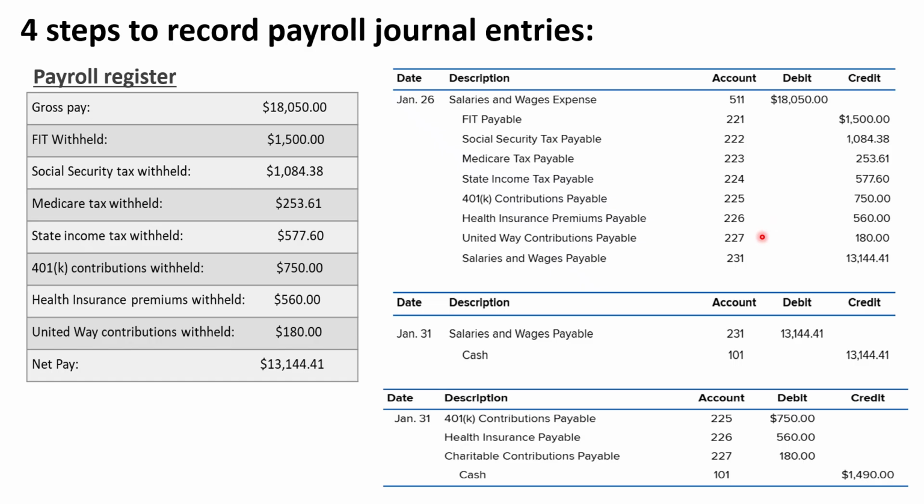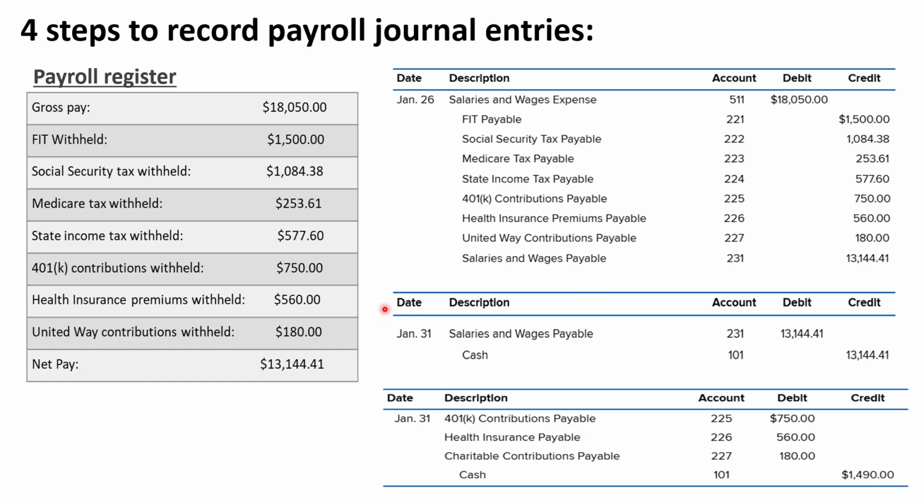Then we also record the liability for the net pay and salaries, and wages payable by crediting that account for $13,144.41. As always, the total debit should equal the total credits.